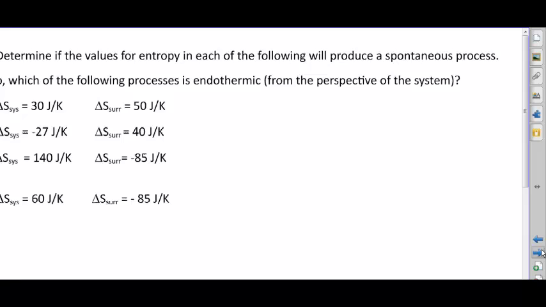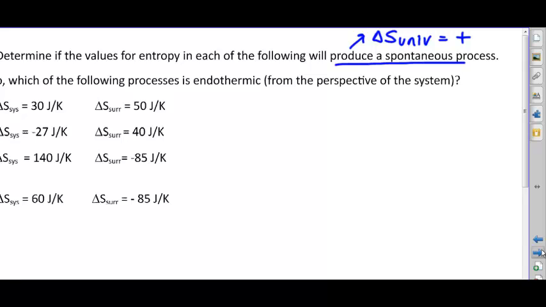The first way we know so far for a process being spontaneous is that delta S of the universe must be positive. Okay? If delta S of the universe is positive, the process is spontaneous. Again, we will learn another way to determine if a process is spontaneous in just a minute.